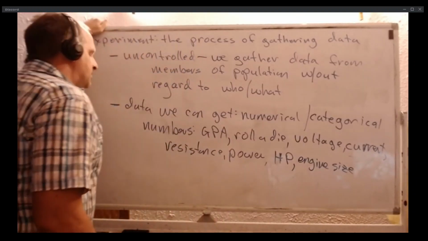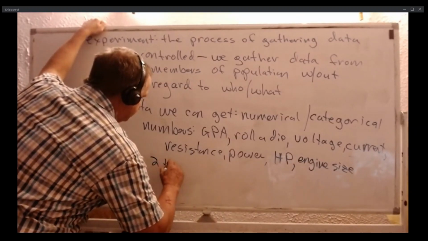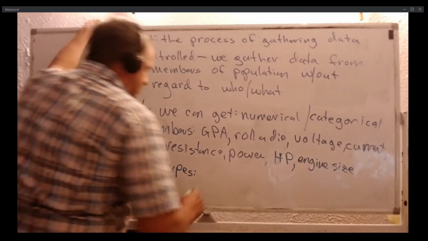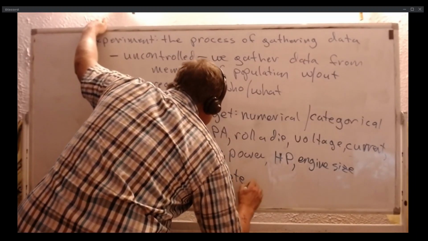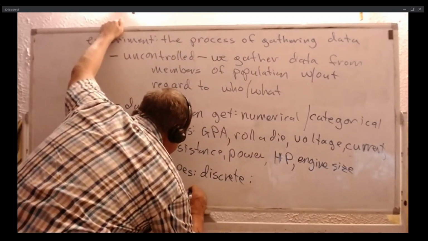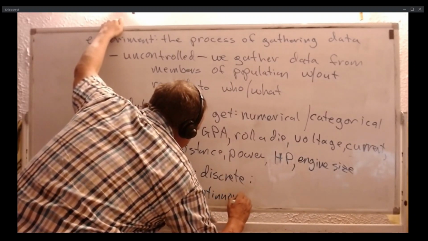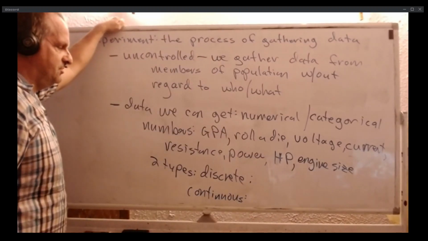Okay. Now for numbers, there are two general types. Okay. There's discrete, and the other type is continuous. What does discrete mean?